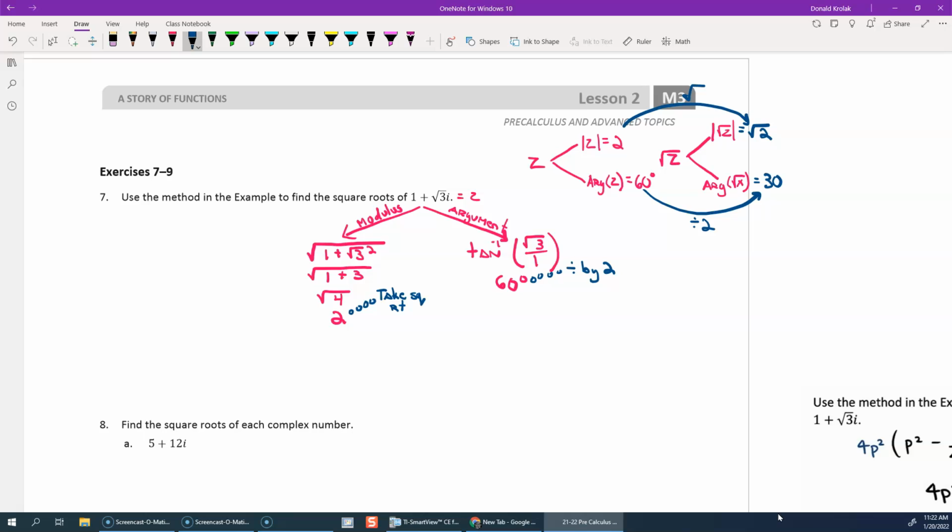Okay, so now this is root 2, this is 30 degrees.